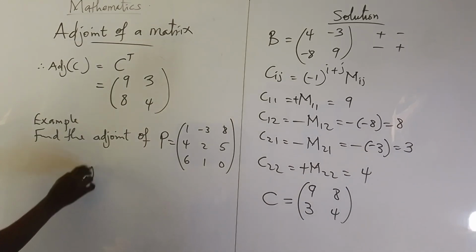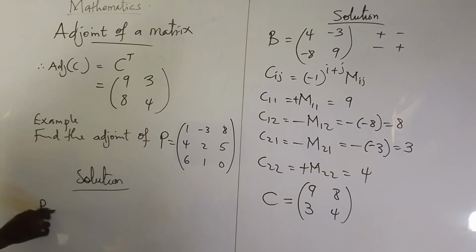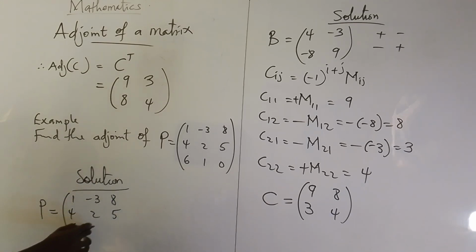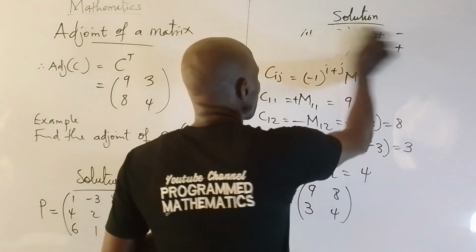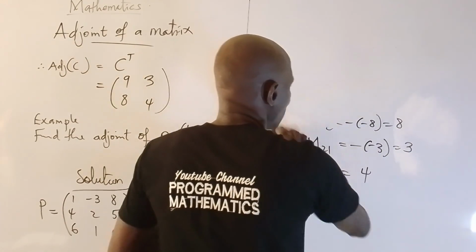The same thing, the first thing we need to do here is find the cofactor of matrix P, the matrix of the cofactors. So P is 1, -3, 8, 4, 2, 5, 6, 1, 0. To find the cofactors, remember the definition.